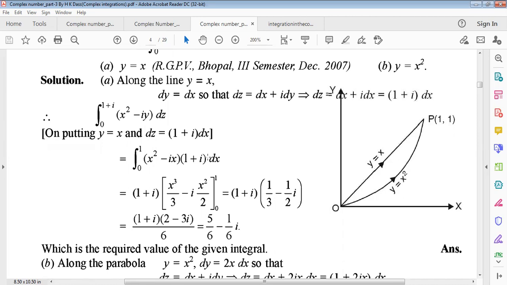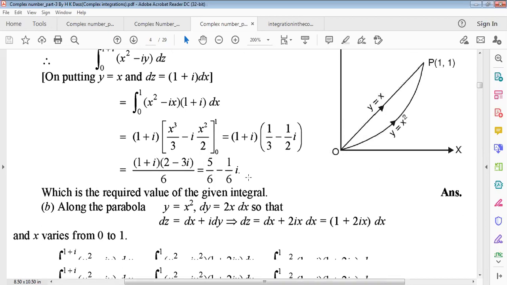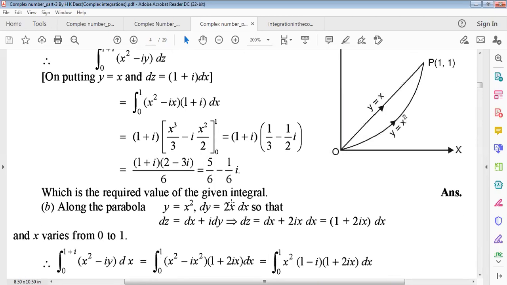It looks like a constant, but actually not a constant for a complex variable. So 1 plus i is the constant with respect to x, giving x cubed by 3 minus i x square by 2. So putting the upper limit, we get the required value of the given integral.